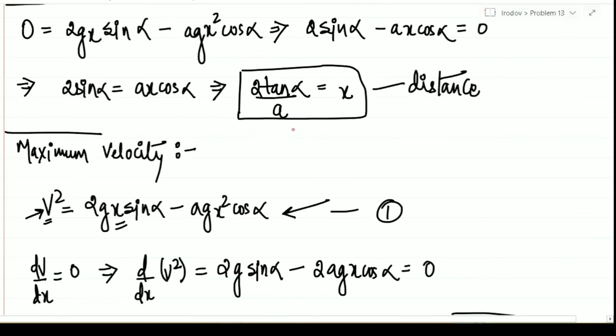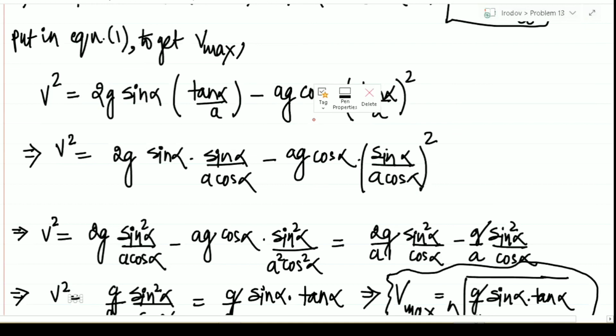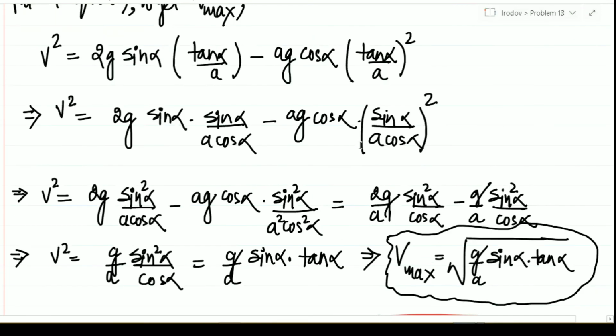So in this problem, we found out the distance the bar travels before it stops. It's 2 tan alpha by a. Also, we have calculated the value of the maximum velocity it achieves. I hope this has helped you.